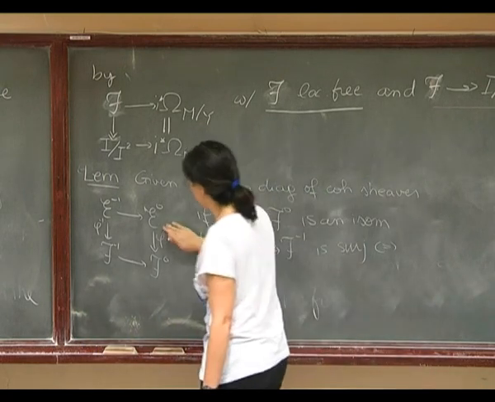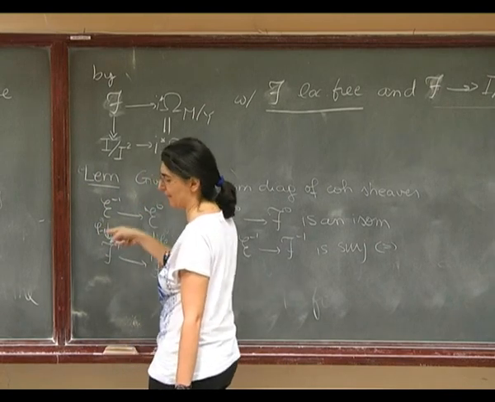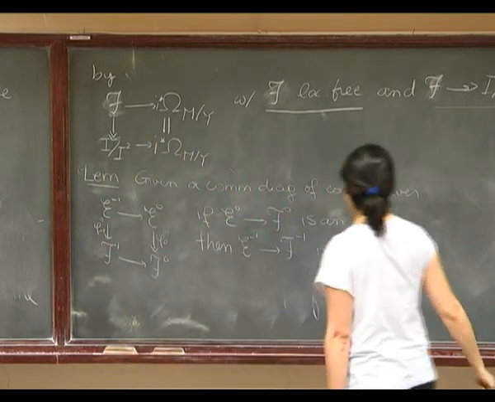Actually, here I usually prefer to put the indices below, because this way, if I need to invert a map, I still have space.